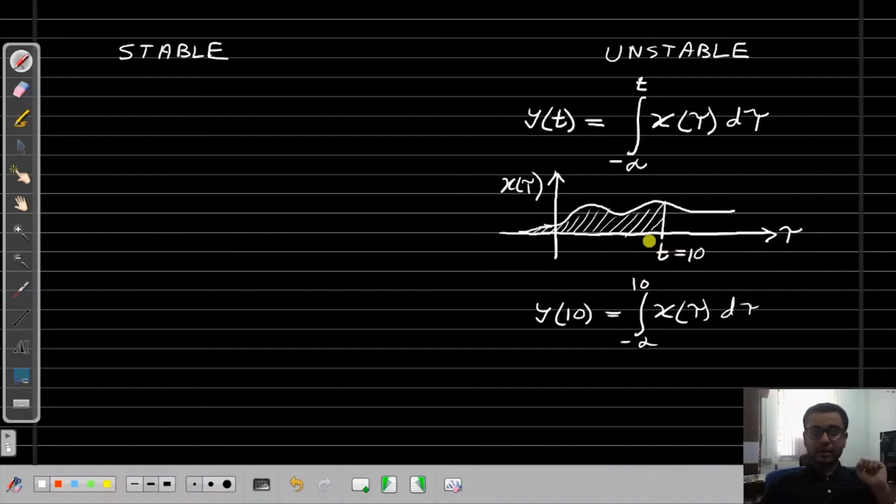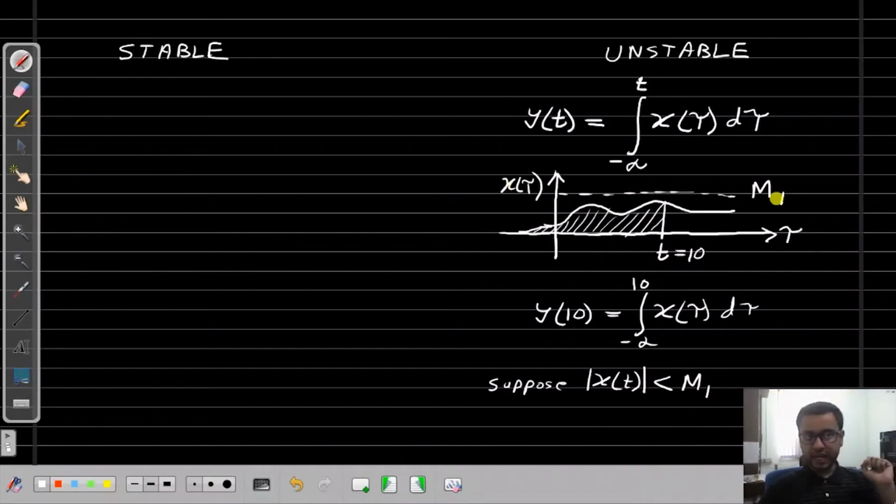And now suppose the input is bounded. Suppose the absolute value of x of tau is less than some number m1, where this height is m1. So x of tau is not going to cross this height at any time. Similarly, it's not going to cross the height of minus m1.